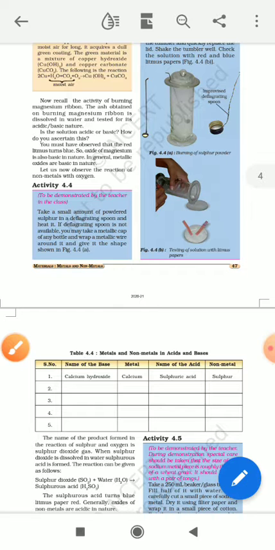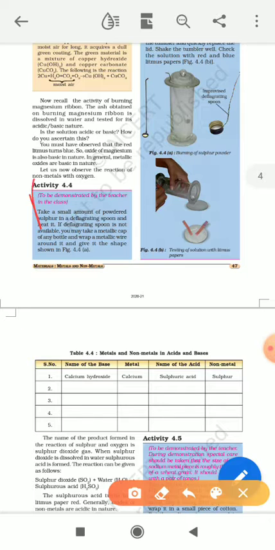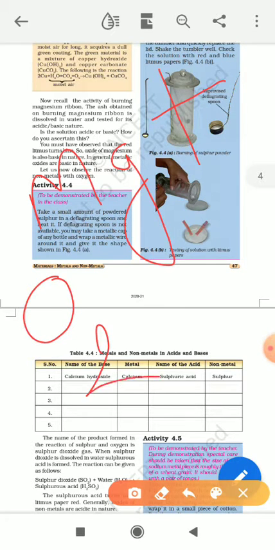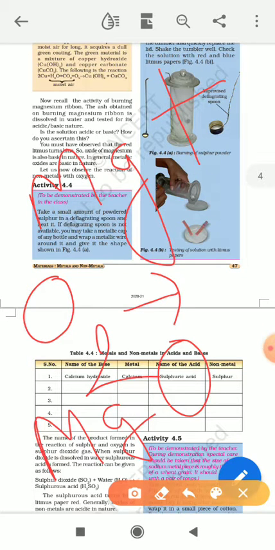So you can recall all the things. I gave you one example of magnesium also. If you burn magnesium in the presence of oxygen, it produces magnesium oxide. Clear.